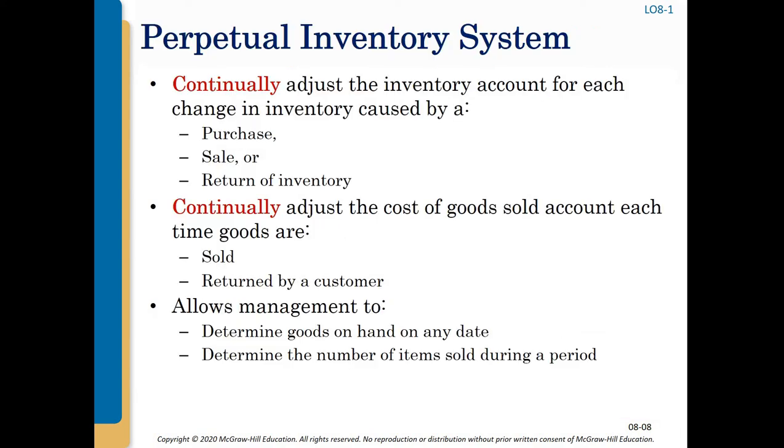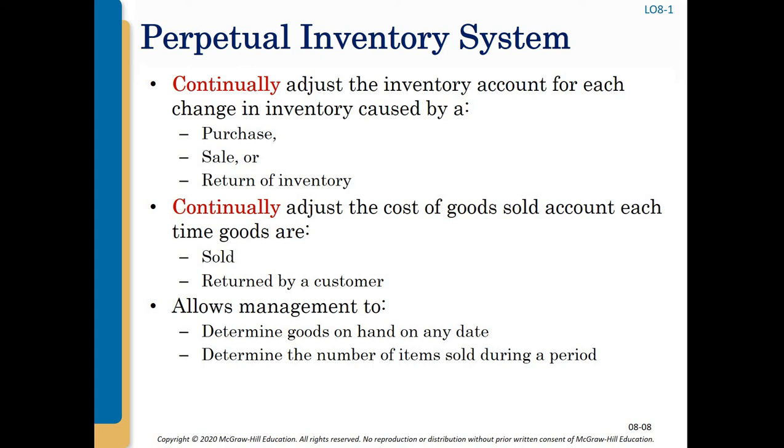And there are two types of inventory system. The first one is the perpetual inventory system, and the second one is the periodic inventory system. Most of the companies right now, especially the retailers, use the perpetual inventory system. For example, Walmart and Macy's are all using the perpetual inventory system.